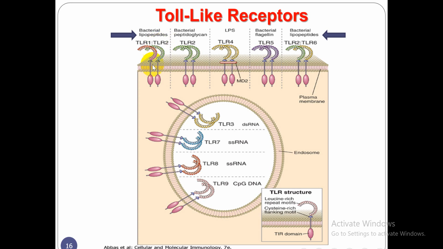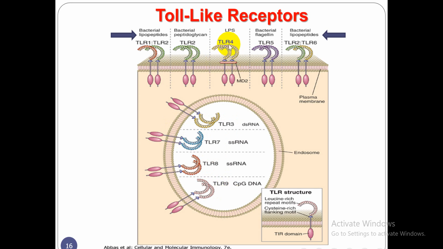Some of these toll-like receptors are present on the membrane of endosomes, like toll-like receptor 3, toll-like receptor 7, toll-like receptor 8, and toll-like receptor 9. As you see, we have different toll-like receptors.